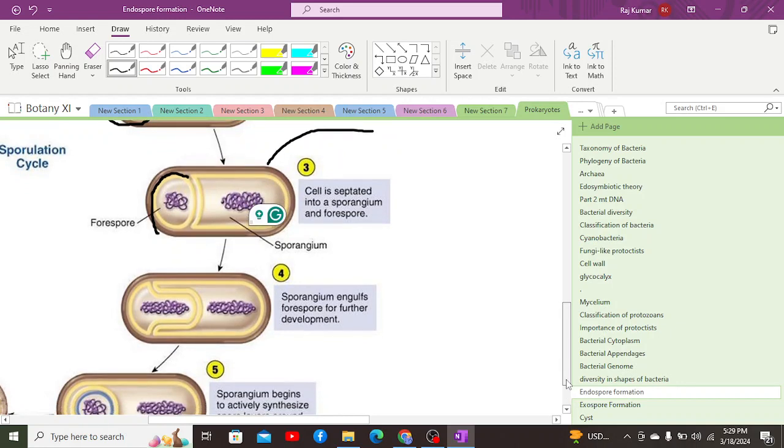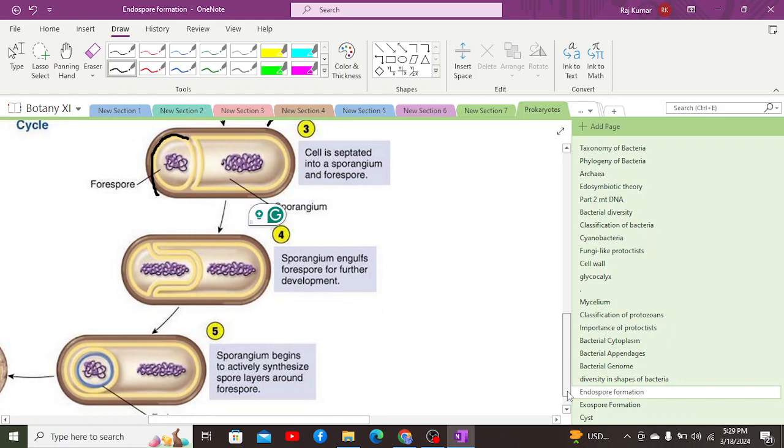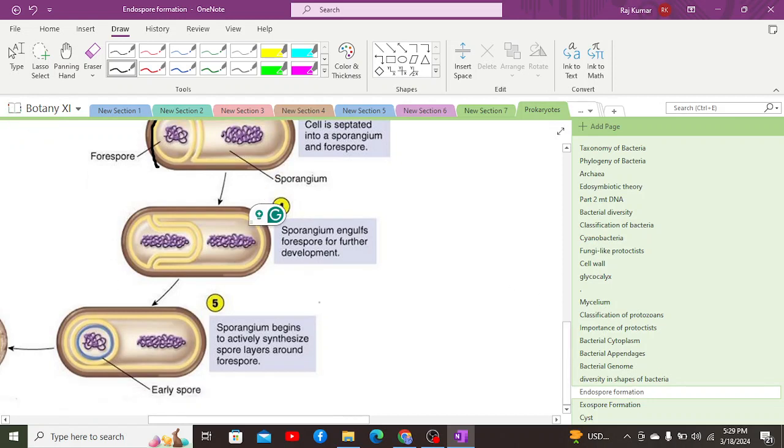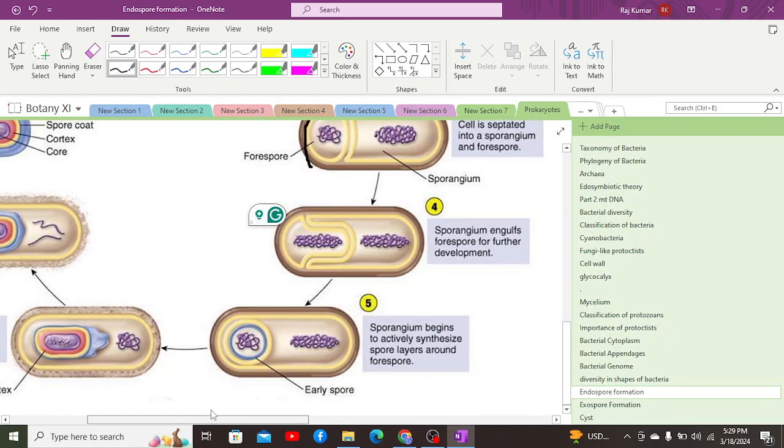The third step involves the engulfment of the forespore by the sporangium for further development, which produces an early spore. That early spore begins to actively synthesize the spore layers around the forespore.